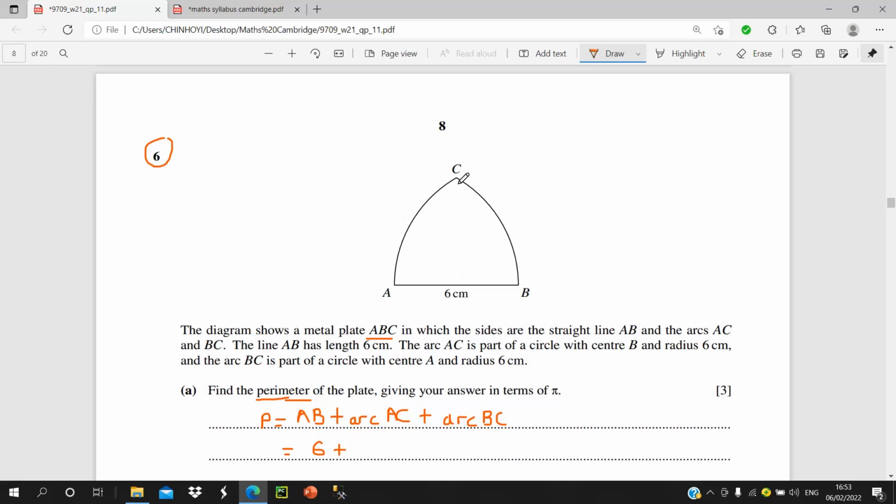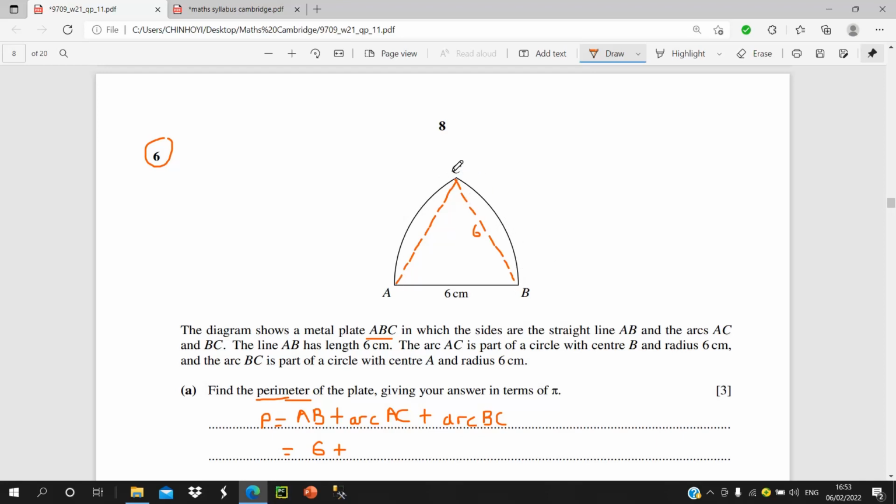Maybe if I can draw, this is the radius, this is the radius 6, and also I can join, because B is the center of the arc AC. So I have a radius of 6 and a radius of 6, and also here BC.